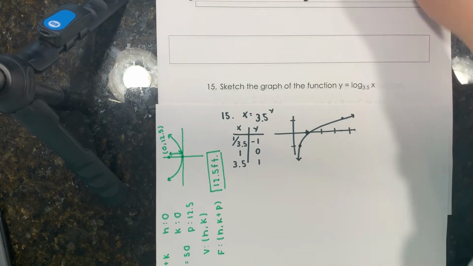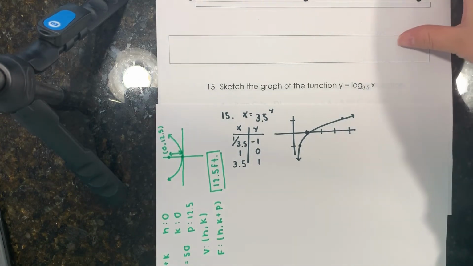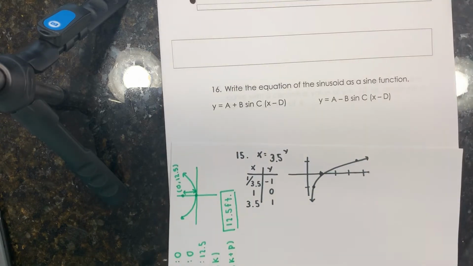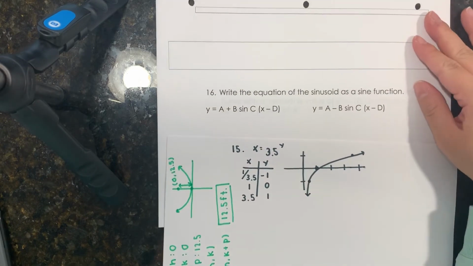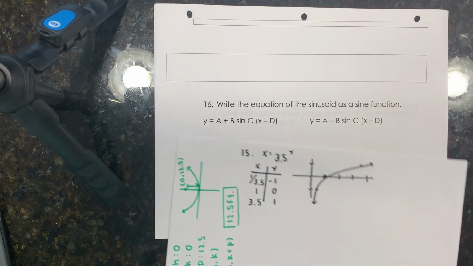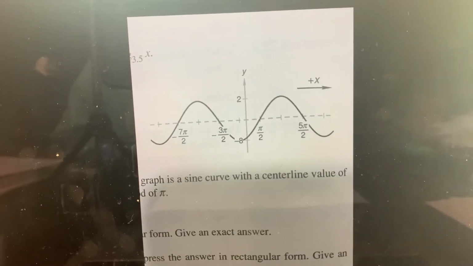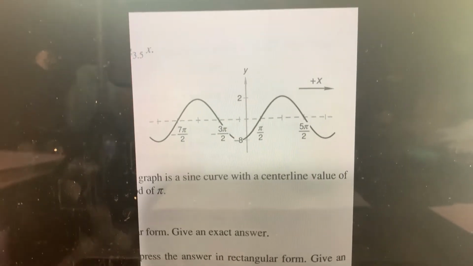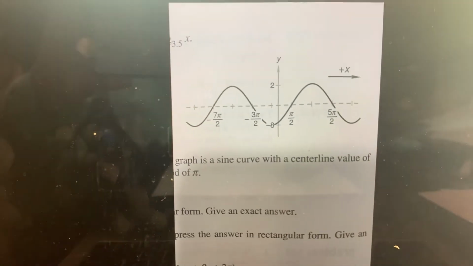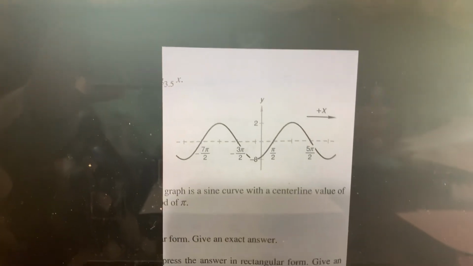Now moving on to number 16, where we are asked to write the equation of the sinusoid as a sine function. Okay, so I have that diagram here. To write this as a sine function, I first have to find the midpoint between the top and the bottom numbers.